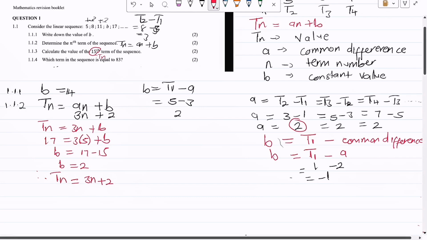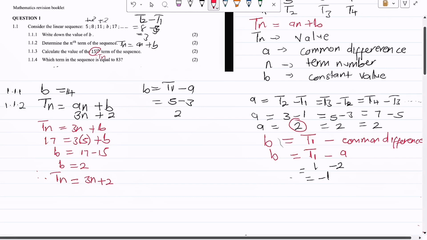We know that T15 is equal to 3 multiplied by 15 plus 2. Now T15, which is term number 15, this is how we read term number 15, is equal to 3 multiplied by 15, we have 45 plus 2, then we have 47. So our term number 15 is equal to 47.